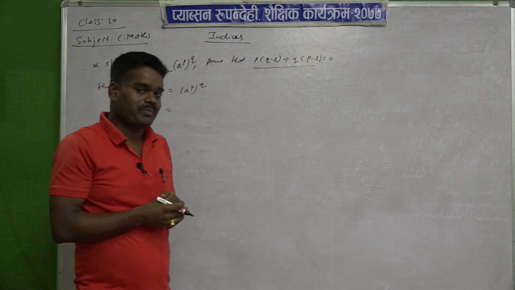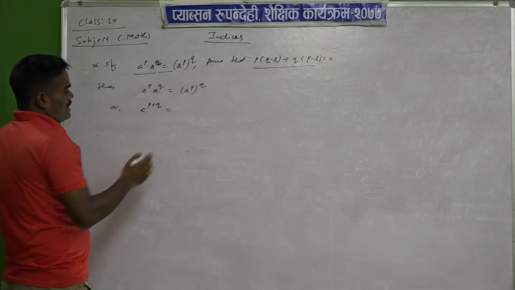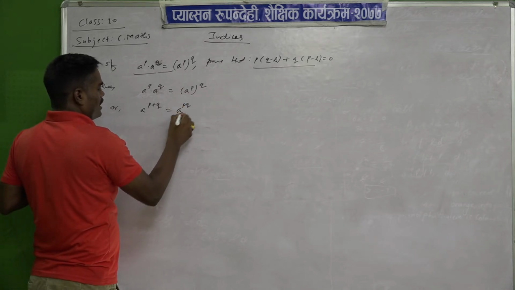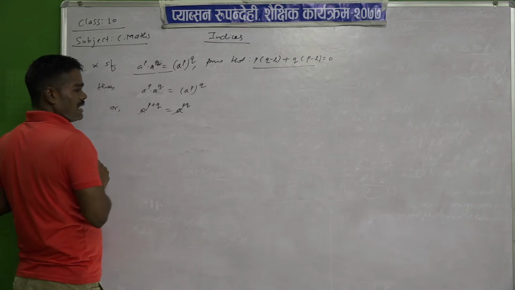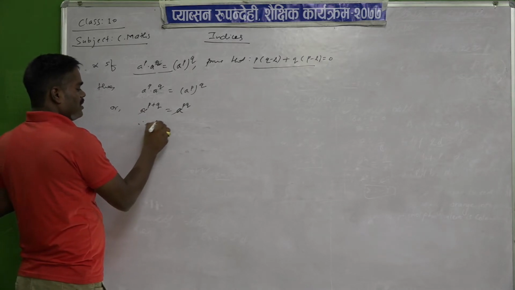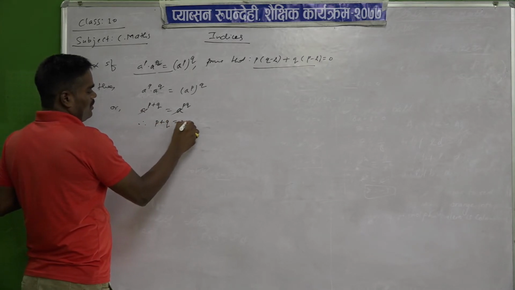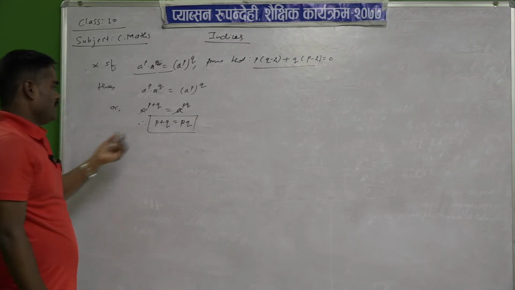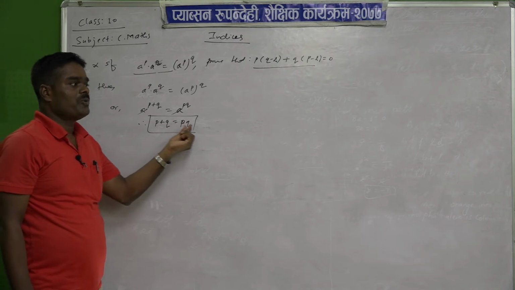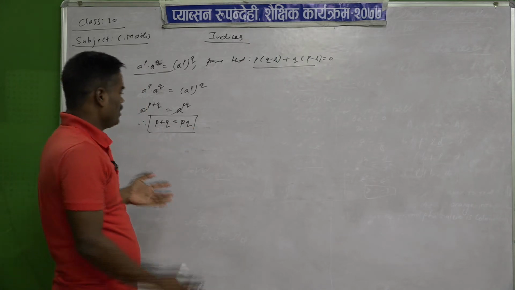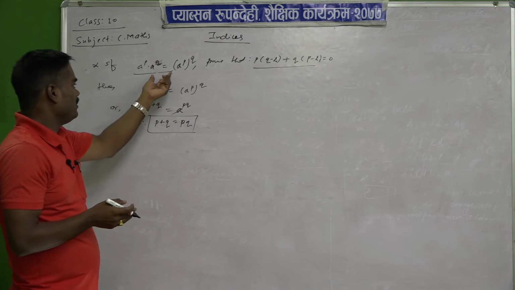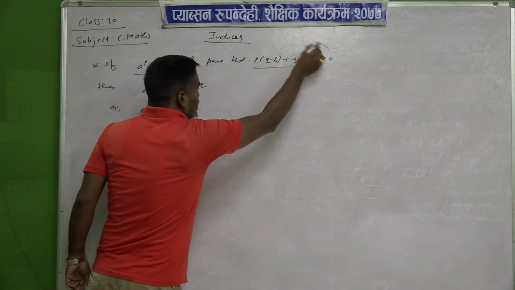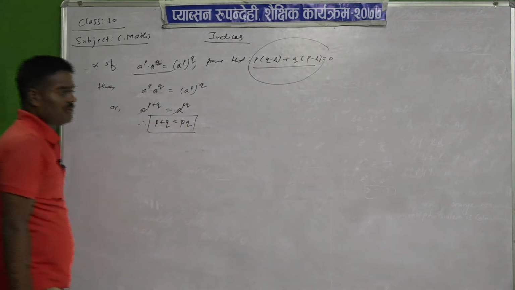If power over power, then they are multiplied. So you can write p into q, a power pq like this. So this cancels. What relation have we got? p plus q equals pq. We have got the relation that the sum of p and q equals the product of p and q. We have got this relation from the given relation, and then we have to prove this equals 0.